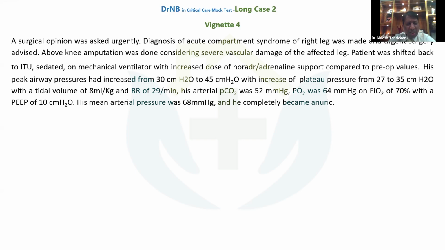His tidal volume was 8 ml per kg, respiratory rate was 29 per minute, arterial PCO2 was 52, PO2 was 64 millimeters of mercury, and FiO2 was 70%. The PEEP requirement was 10 centimeters of water. His mean arterial pressure was 68 millimeters of mercury, and he was completely anuric.